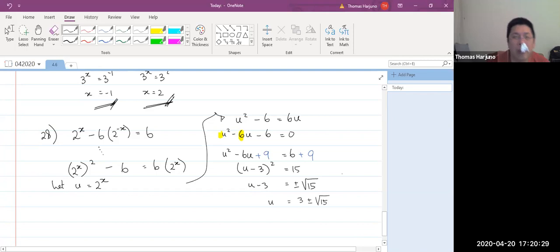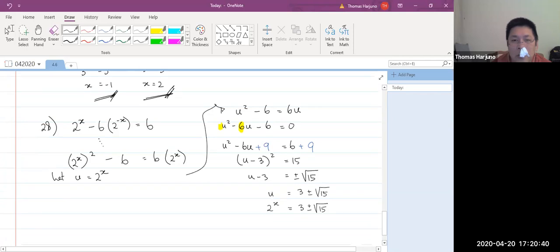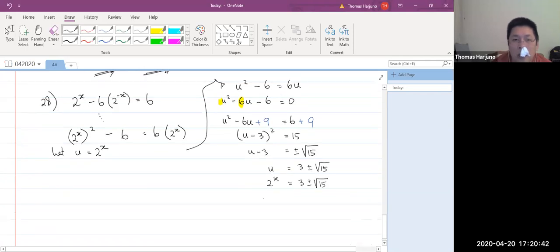Now change it back to 2 to the x. 2 to the x equals 3 plus or minus square root of 15. So x is equal to log base 2 of (3 plus or minus square root of 15). Okay, but we are not done yet.